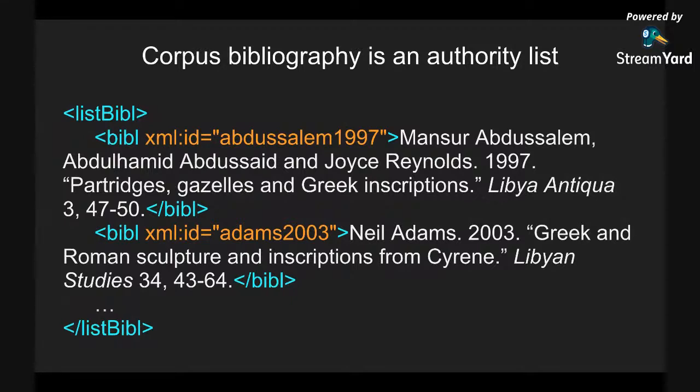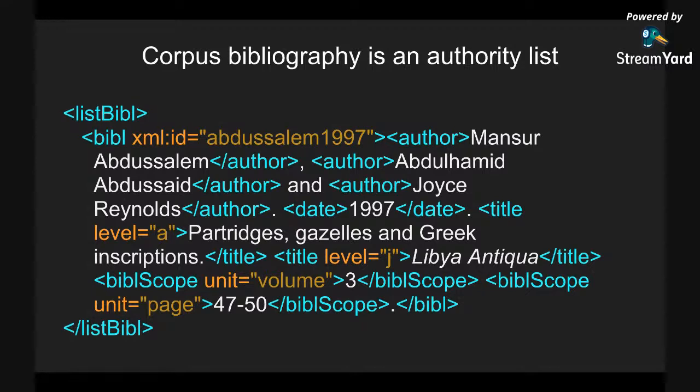The individual items in that authority list will be bibliographical references as given here. So it's not just an element, it's the full bibliographical reference. It's not just a shorthand, it gives you the full information, and you can encode all sorts of information within that bibliographical reference if you think it's useful to do so.